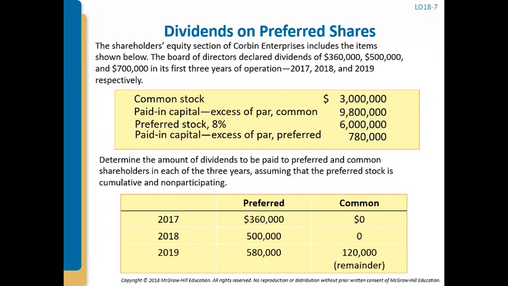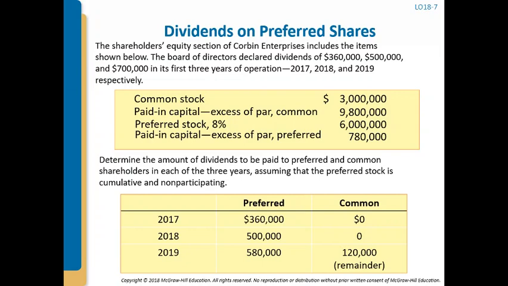They have common stock of 3 million, paid in capital excess of par common 9.8 million. Preferred stock here is 6 million, and it's preferred stock at 8%. Okay, what that means is that the company pays interest of 8% on that $6 million. It doesn't pay interest on the excess of par, only the $6 million, the par.